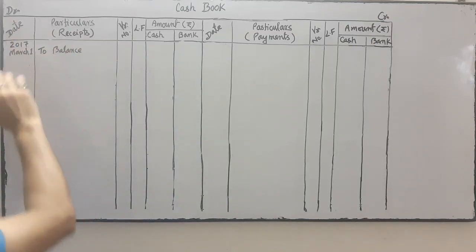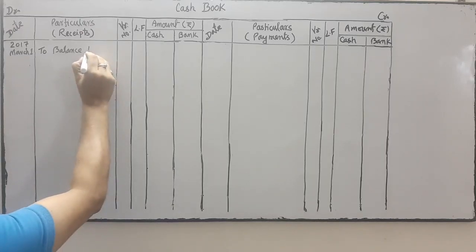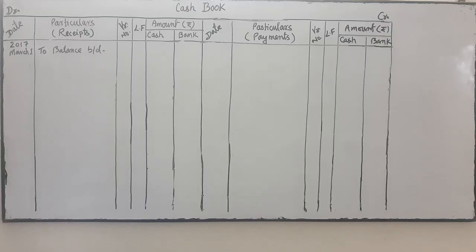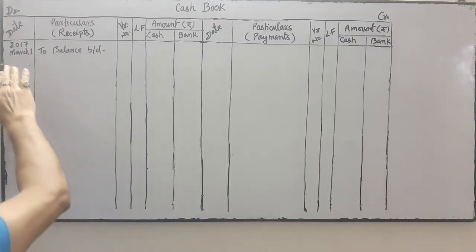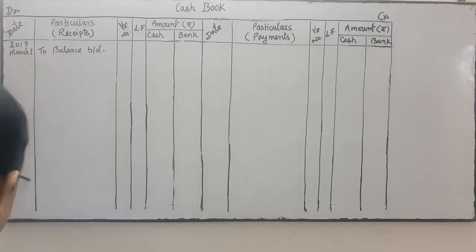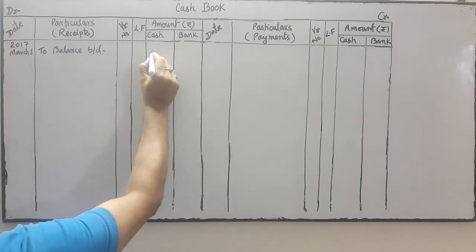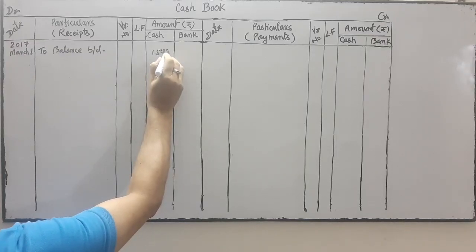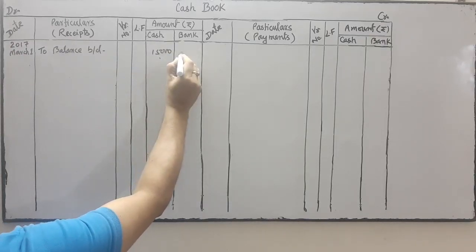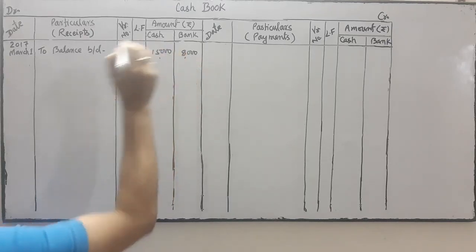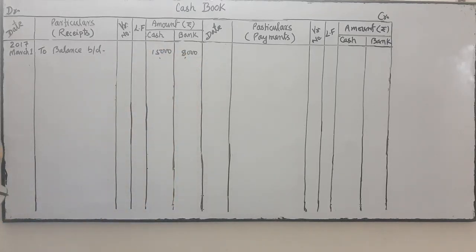The balance is brought down on 1st March. This is the balance of the previous month which is brought down on the first day of March. So 15,000 cash in hand goes in the cash column and 8,000 at bank. This is the opening balance of cash and bank.